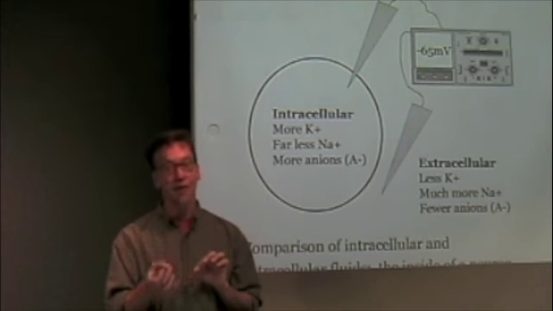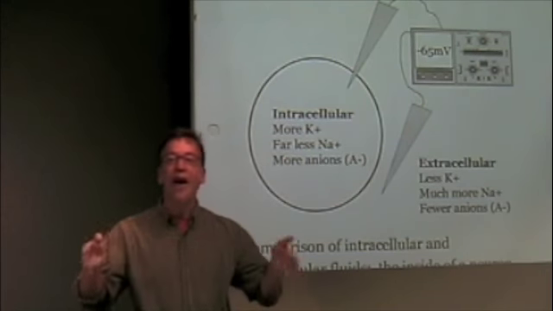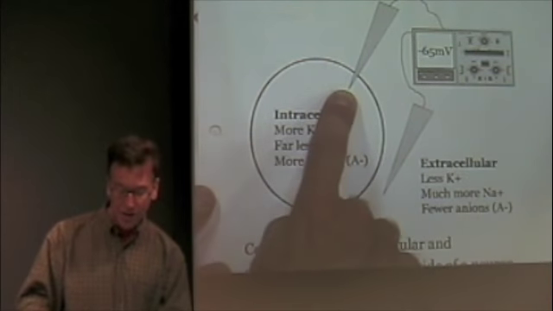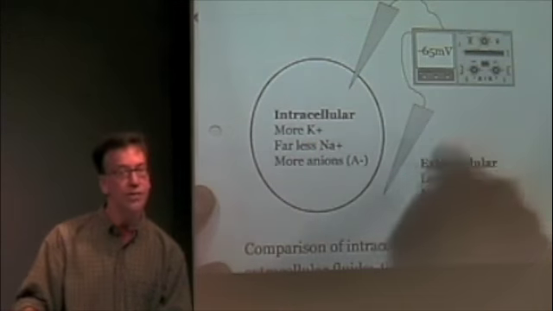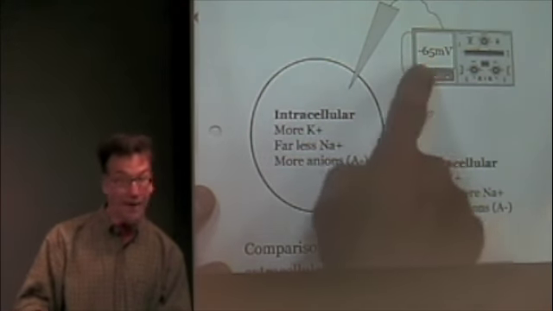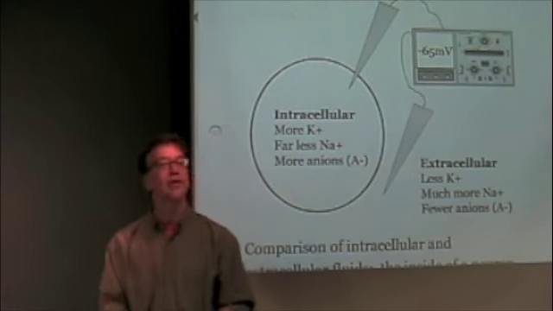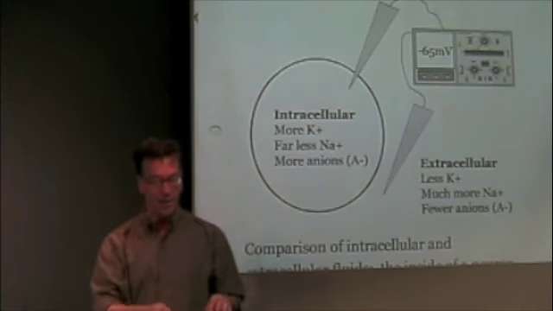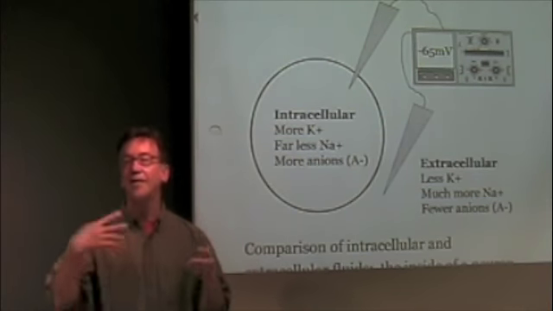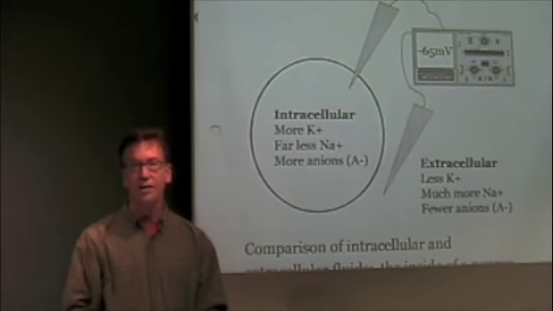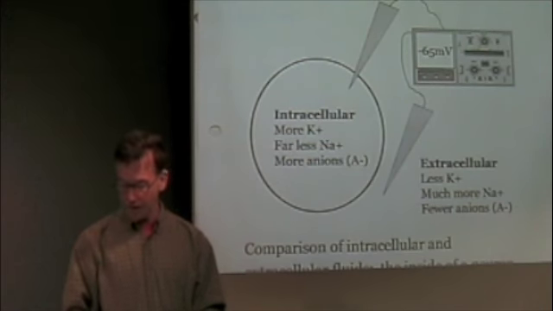They're measured in millivolts, which are thousandths of a volt. So the difference in charge between the inside and the outside of a cell is actually at rest about minus 65 millivolts. That just means it's a relative measure that the inside is more negative than the outside. By how much? By about 65 millivolts. It's more negative inside versus the outside.